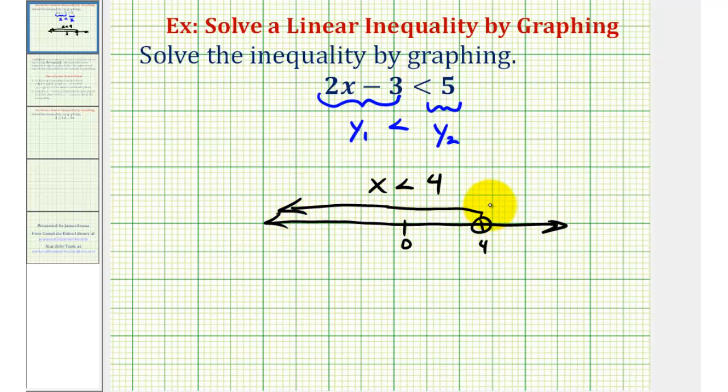As we move to the left, we would actually be approaching negative infinity, which is helpful because if we wanted to express our solution using interval notation, we would have the open interval from negative infinity to positive 4. So we've expressed the solution in 3 ways: using an inequality, using a graph on the number line, and using interval notation.